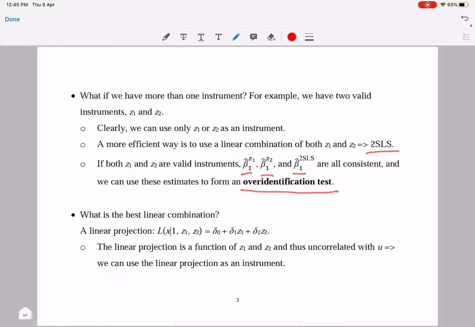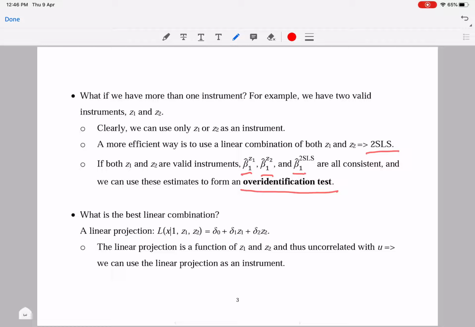Okay, so the idea is to say, if Z1 is a valid instrument and Z2 is a valid instrument, then using either Z1, or using Z2, or combining them, you should get the same results. However, nowadays people don't really like to use over-identification tests that much, for two reasons.